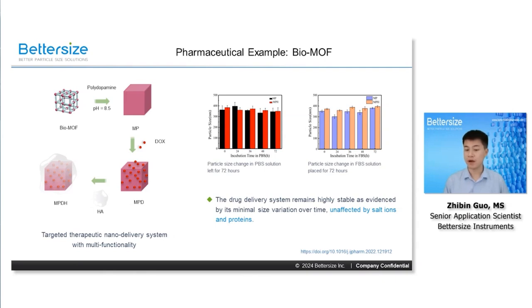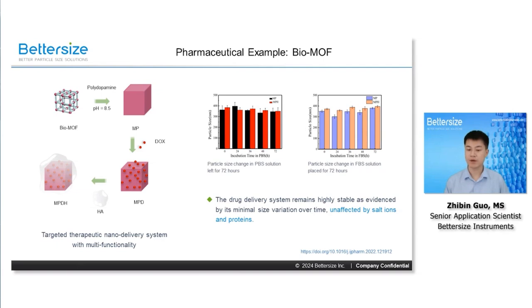The results are compelling. Through the 72-hour incubation period, both MP and MPH nanoparticles demonstrate remarkable stability. Their sizes remained consistent, showing no significant changes, which is a strong indicator of their resistance to the destabilizing effects of salt ions and proteins commonly found in the body.